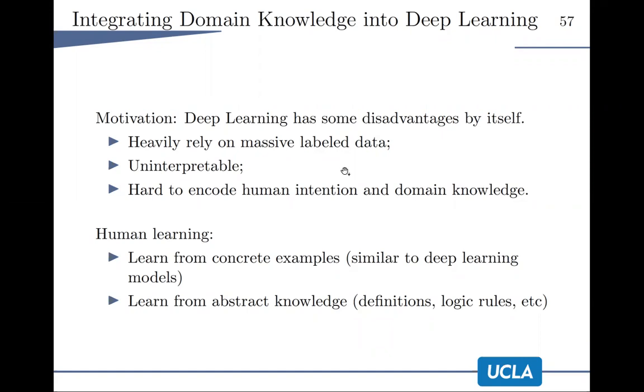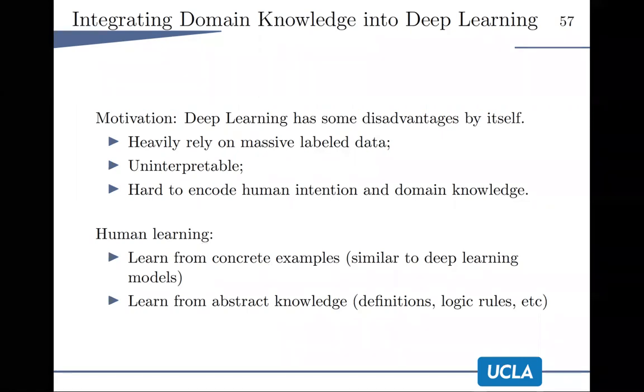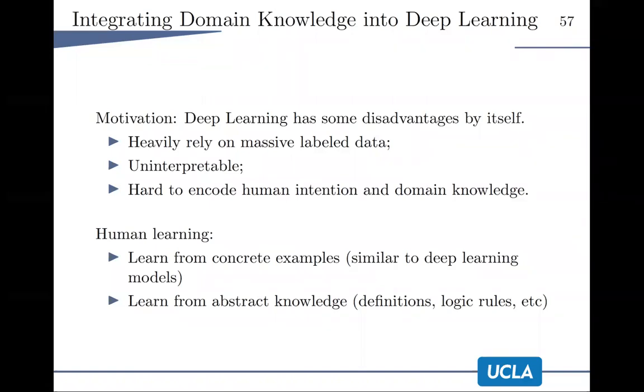As I think all of us have experienced, we rely heavily on a massive amount of labeled data, it's normally uninterpretable, and it's generally hard to encode human intention and domain knowledge properly.